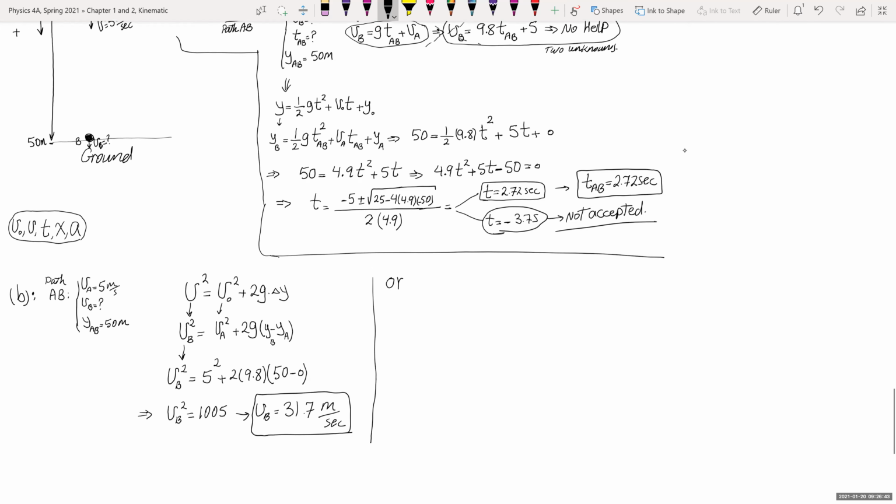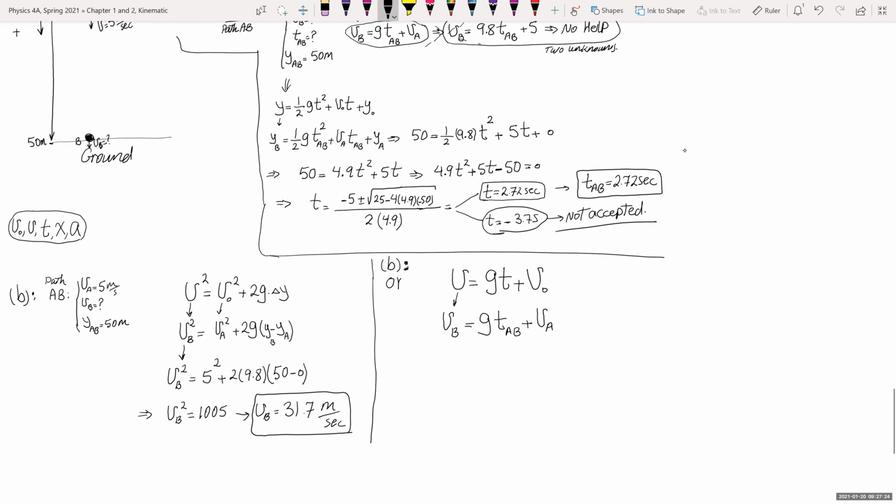I can do it by different methods. Part B, I will say, or, you know what guys, what if I use the first equation, which is V equals gt plus V naught? Pay attention. This V is final velocity, g is g, time is from A to B, and V naught is the initial velocity, which is at point A. Correct?